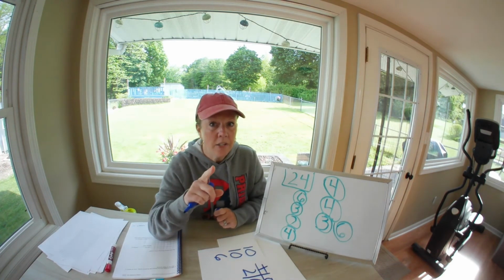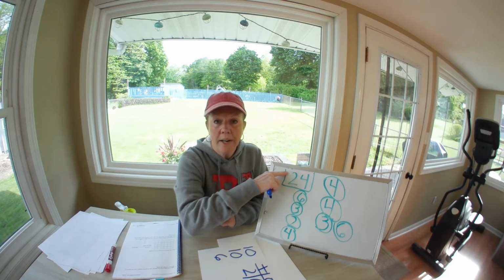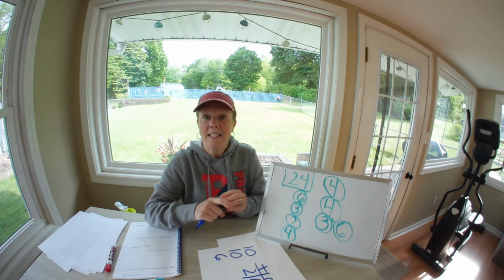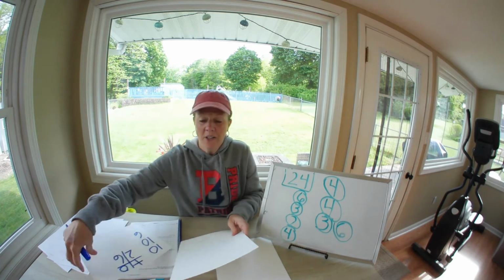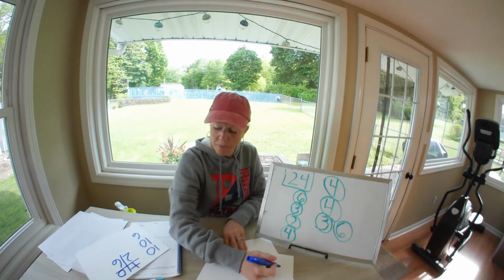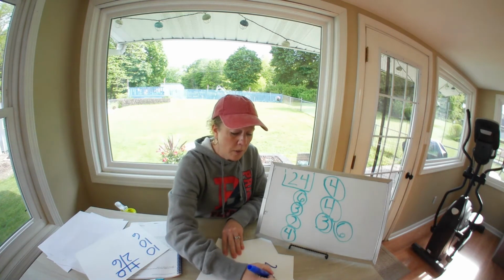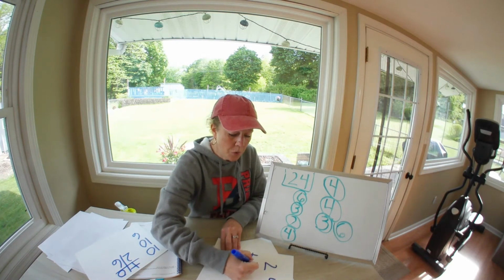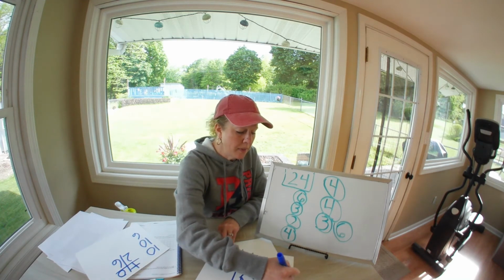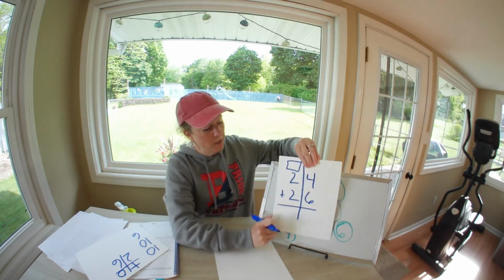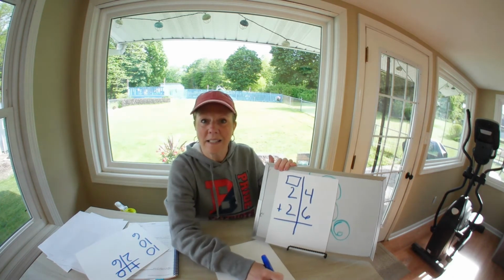Because remember, I said to you, I want you to put this aside for now. So now, let's see if we can use our double-digit addition that we've been learning. So check it out. I'm going to set up my problem. I'm going to put 24 plus 26. And I'm going to set it up just like we've been doing. So take a look at what I just did. 24 plus 26.